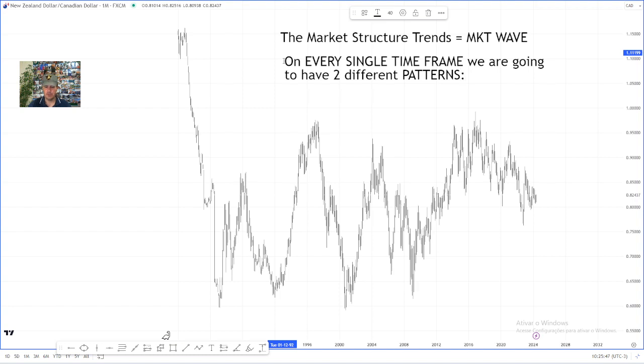Number 1 is the short-term trends, plural, and number 2, we are going to have the market wave.